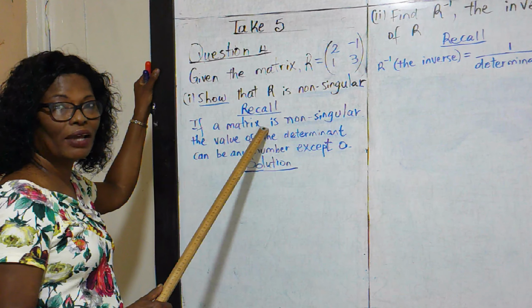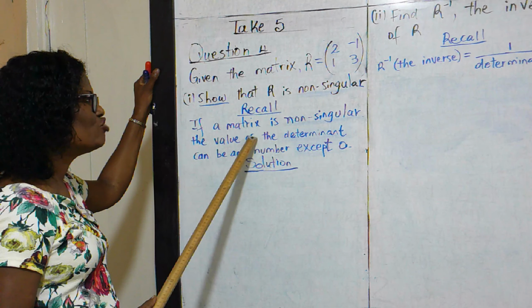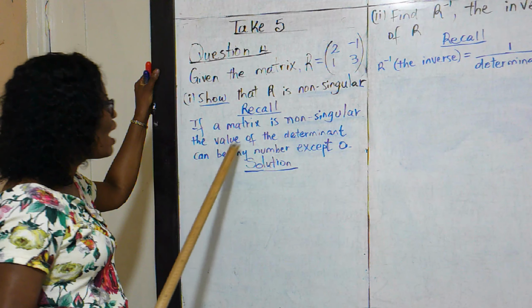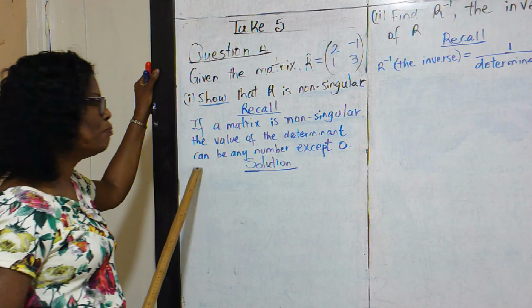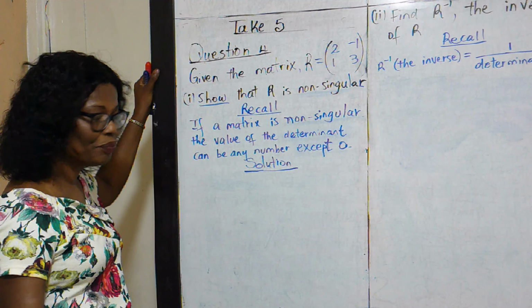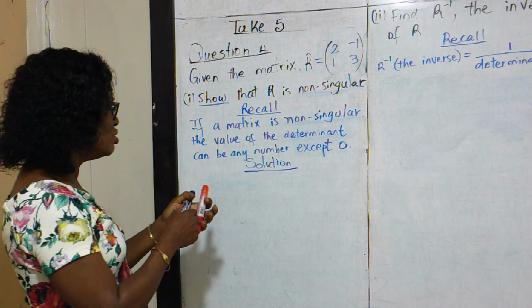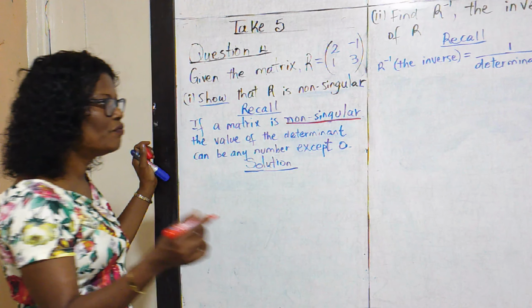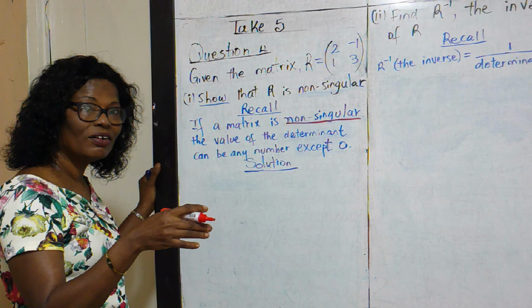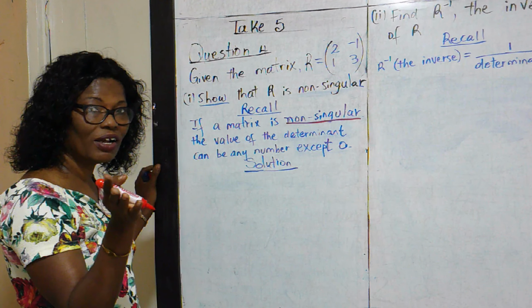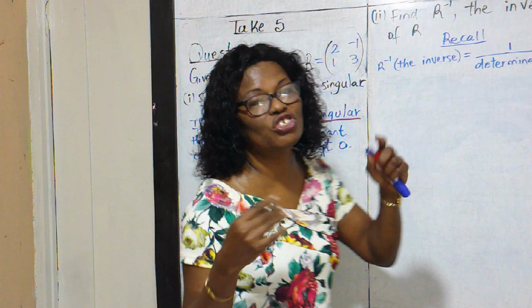Now, just a reminder that if a matrix is non-singular, the value of the determinant can be any number except 0. Come again. If a matrix is non-singular, so what's the opposite of singular in matrix? Non-singular, not plural. Remember that math has its own jargon.